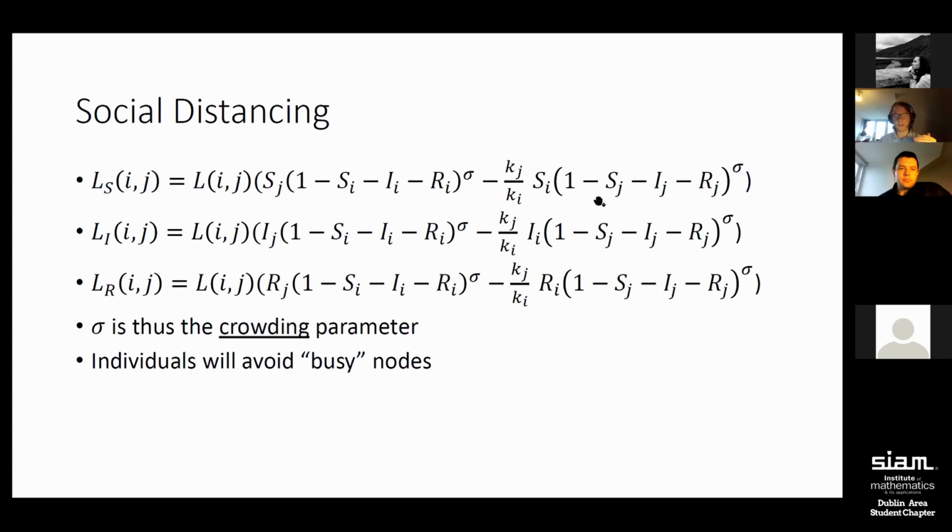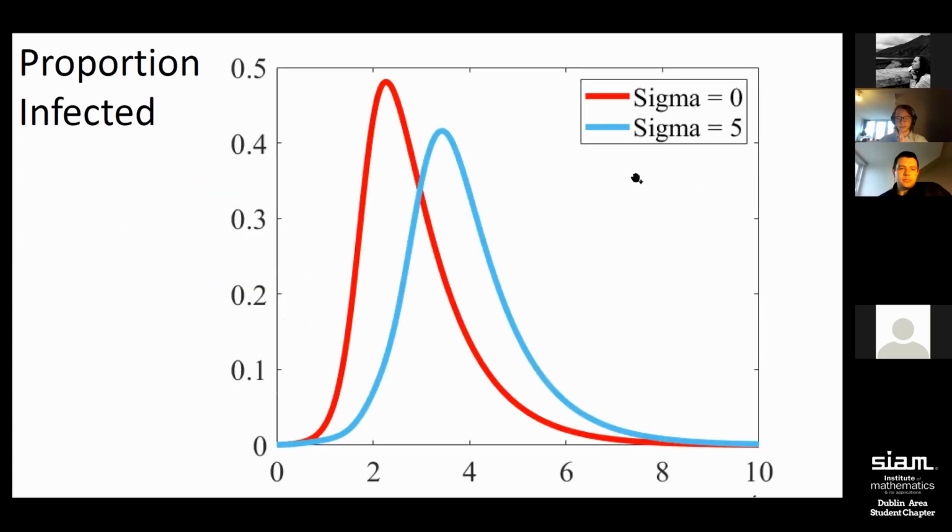And we have one Laplacian for the susceptibles, one for the infected, and one for the recovered. So again, the higher sigma is, the less likely individuals are to congregate at busy nodes, and the more likely they are to stay where they are. So let's take a look at some infection curves.